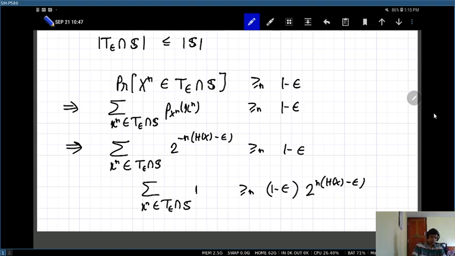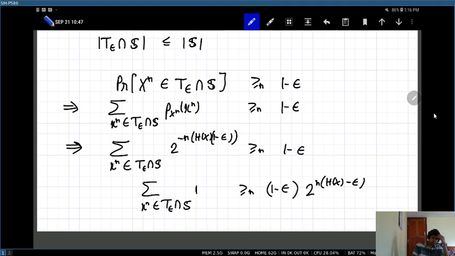But again, manipulating this, if we write the probability that Xn is in T epsilon intersection S as the sum over all possible Xn in T epsilon intersection S of 2 to the minus n times (H(X) minus epsilon), or 2 to the epsilon. If you choose the strongly typical set, then this is 2 to the minus n H(X) times (1 minus epsilon), right?